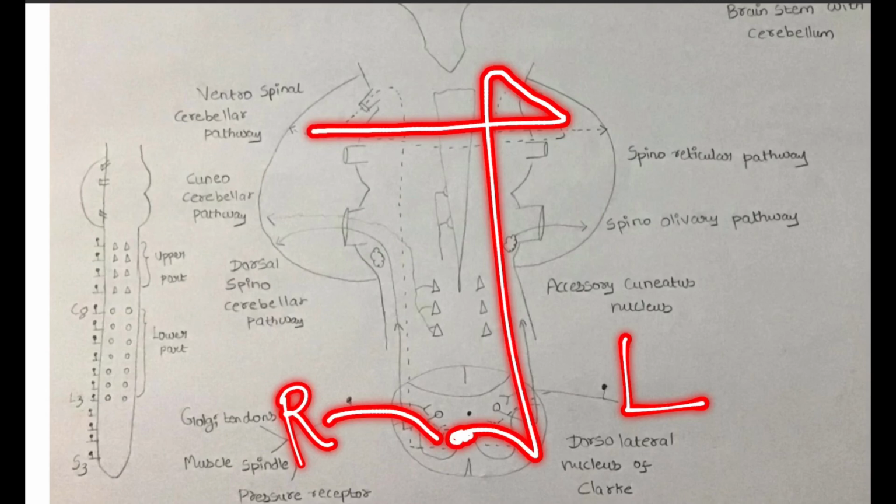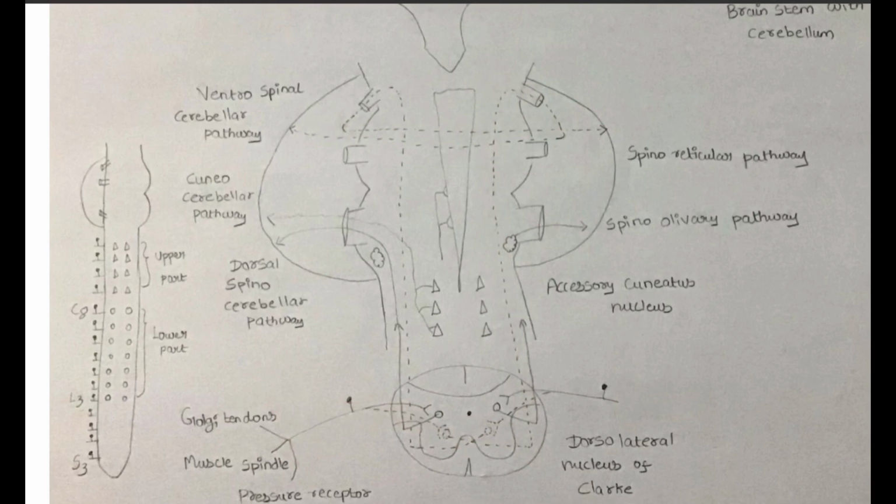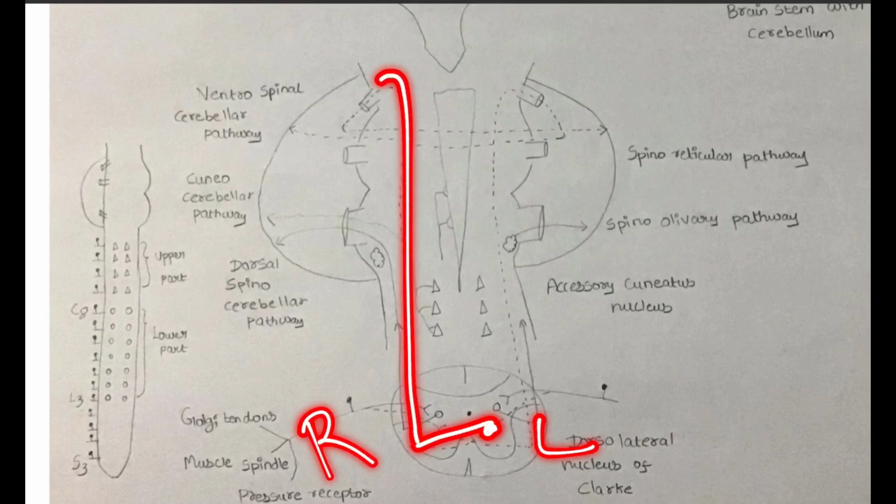This is the ipsilateral side. This is the same on the other side also. Here the sensory nerve fiber on the left side, after meeting the second order neuron, goes to the opposite side, that is the right side, and moves upwards and through the superior peduncle goes to the cerebellum and again to the same side from where it started, that is the left side, that is the ipsilateral side.